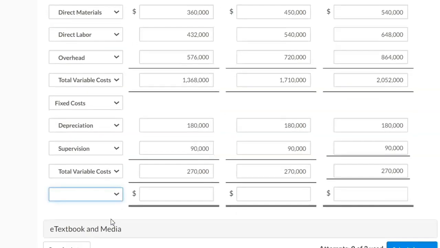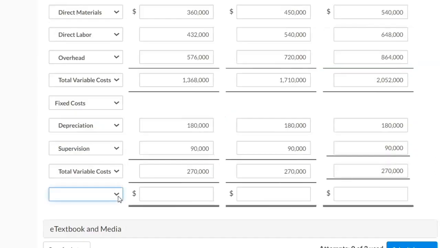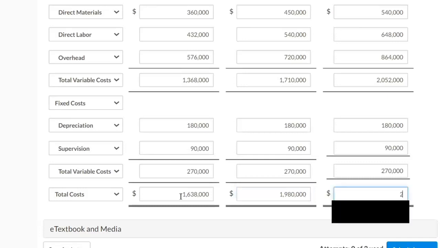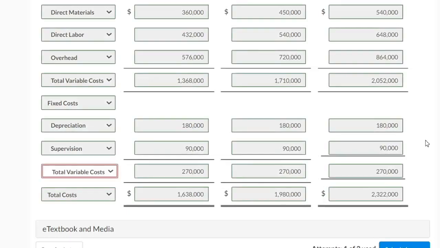So here it's going to be total cost. Oh, there is a slight mistake here.